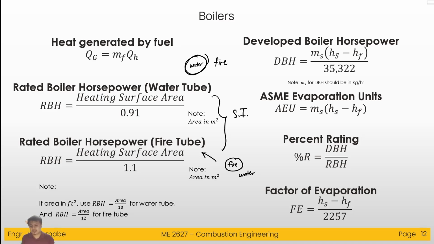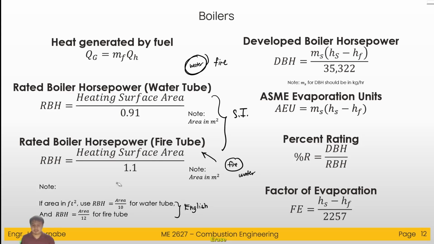For English units, you can also use this, although there are a few problems with units. It is not exactly this. But if the given area is in square feet, we just divide the area by 10 to get the rated boiler horsepower. For fire tube, you have the area over 12.